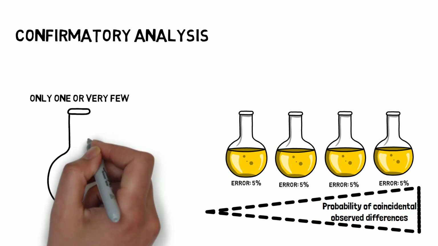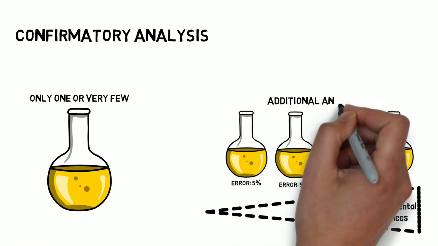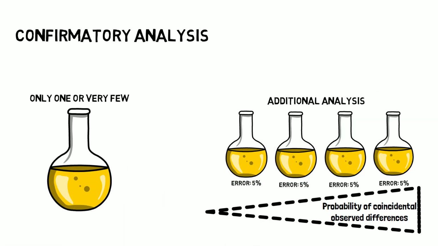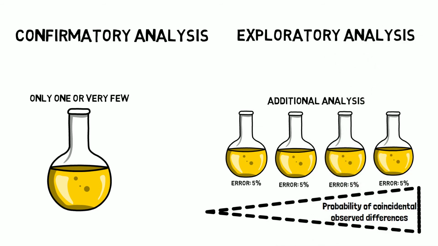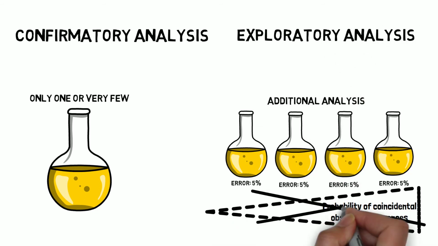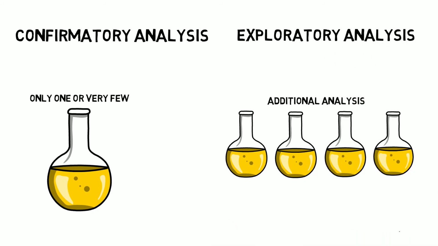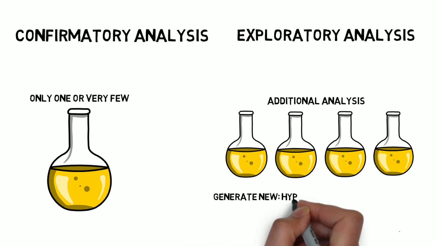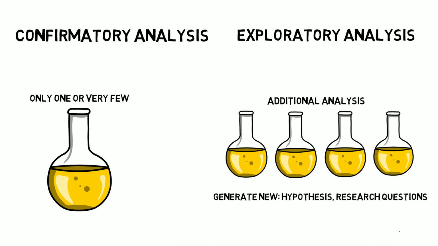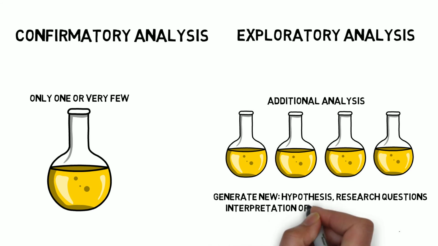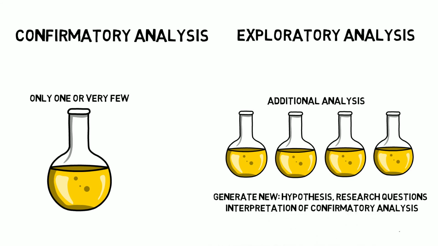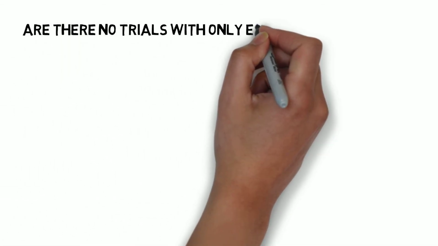An additional analysis should be performed in an exploratory manner to not increase this probability. This also means that you have to be careful with how you interpret exploratory results. They should only be used to generate new hypotheses and research questions for following trials and to assist in interpretation of the confirmatory analysis. But are there no trials that only have exploratory analysis?